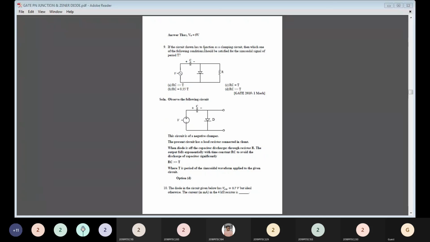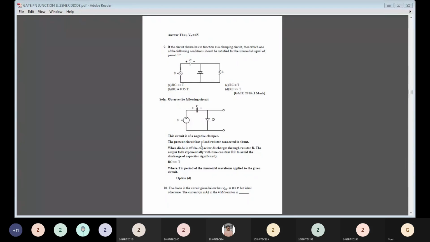If the circuit shown is to function as a clamping circuit, which one of the following conditions should be satisfied for the sinusoidal signal of period T? For the circuit to function as a clamping circuit, we have to identify the condition. The circuit is a negative clamper.